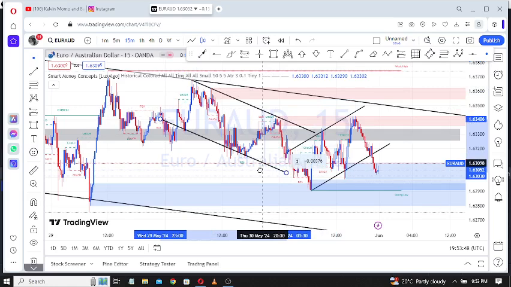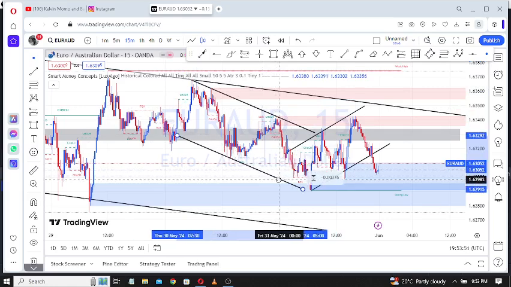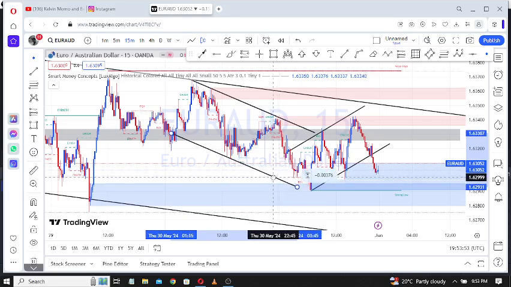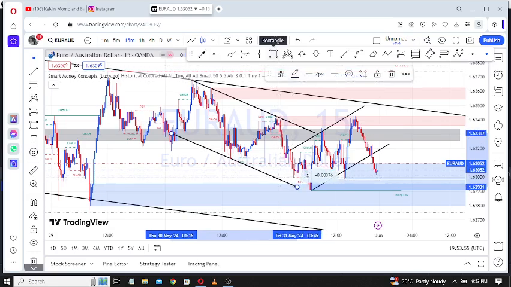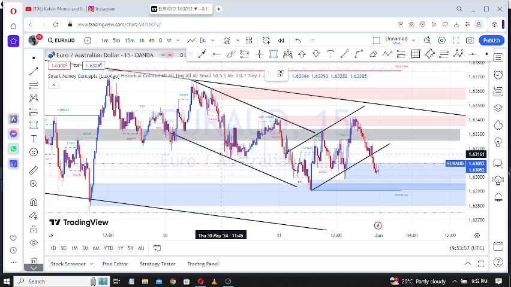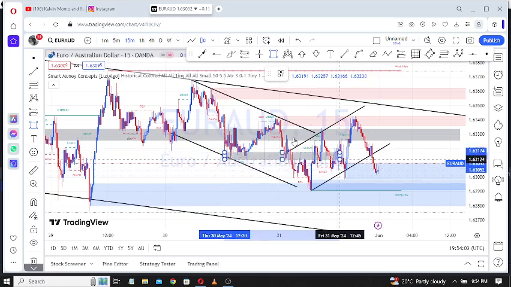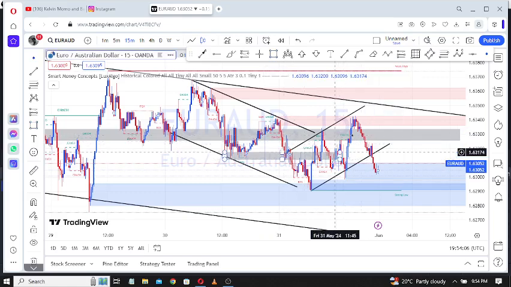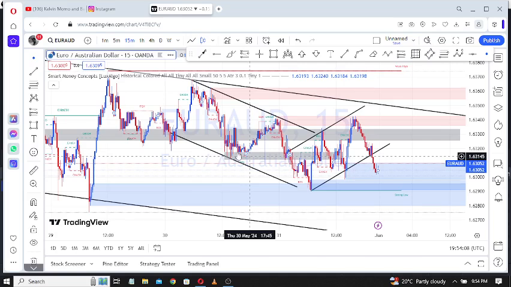Every time the market hits the lowest area, or hits the low on the trend, we should pay close attention to it, right? As you can see, if I just drag this down, don't focus on this side, let's just focus on what happened right here.